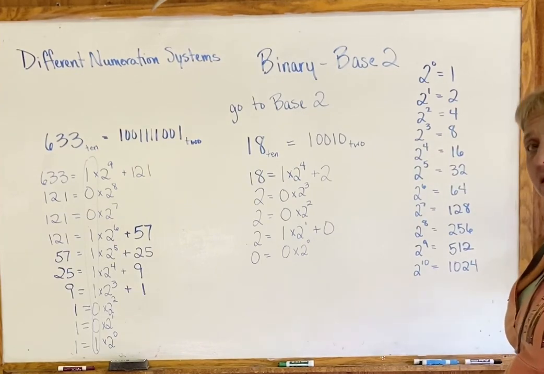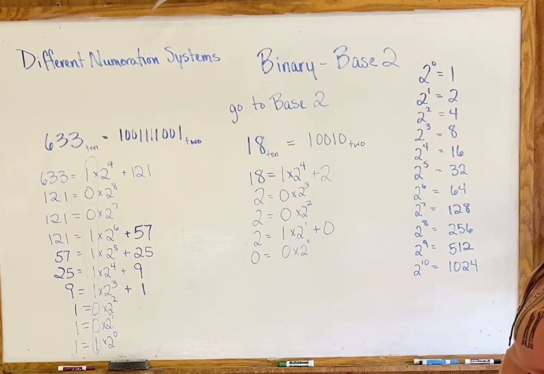So the number 633 can be written as 1 0 0 1 1 1 1 0 0 1. Oh, look at that. It's a palindrome, right? Backwards and forwards, it's the same. So 633 is kind of a special number in binary. That's cool. I didn't know that when I wrote that up there. Anyway, the things that math people find nerdy or important, it's kind of nerdy. Right, you get the idea here?